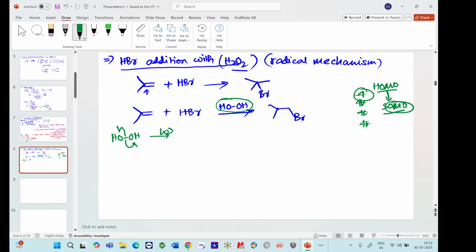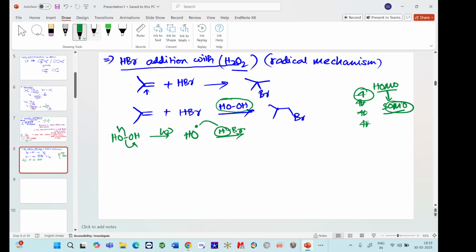Okay, once the radical is generated, the radical is also an active species. So it will look for some other species to transfer the radical or to do some reaction. The most feasible will be HBr, because it is easiest to find that proton.